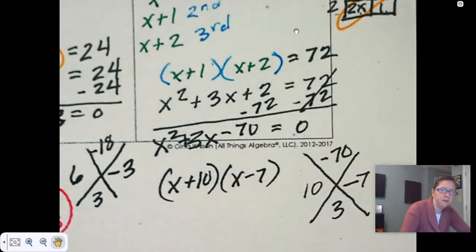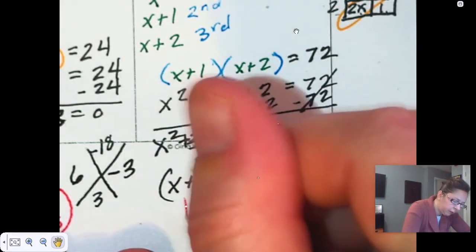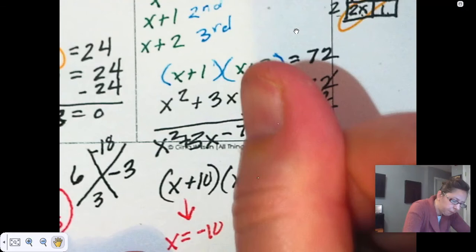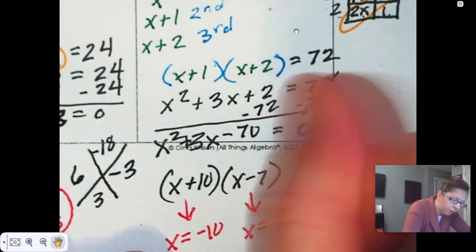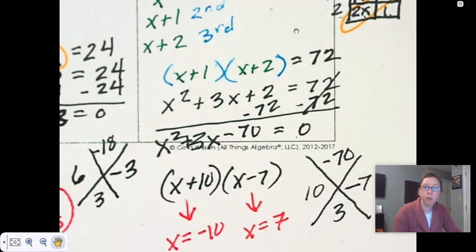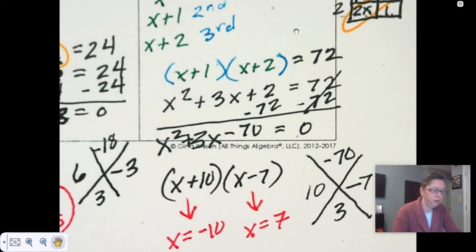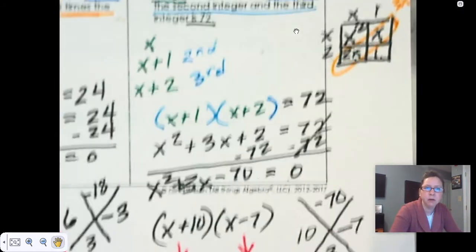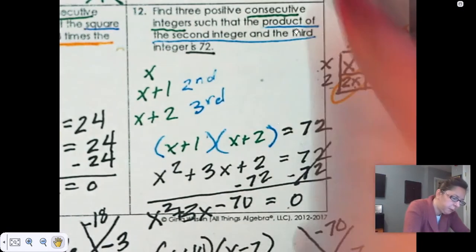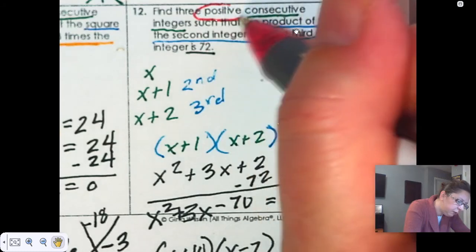And then if I apply the zero product property, I have x equals negative 10, x equals positive 7. So now I'm going to go back up and reread my word problem and see which of these two solutions that I need. Find 3 positive consecutive integers.